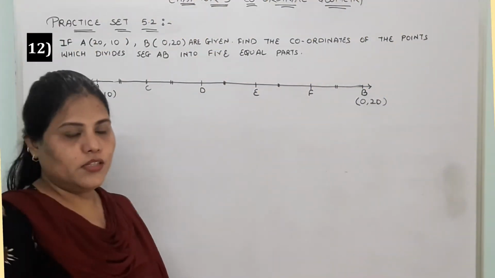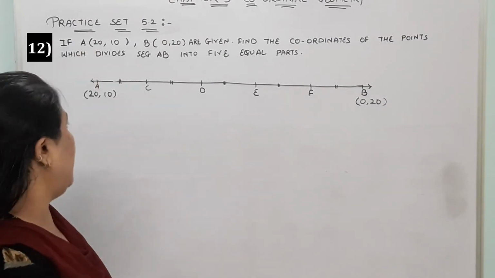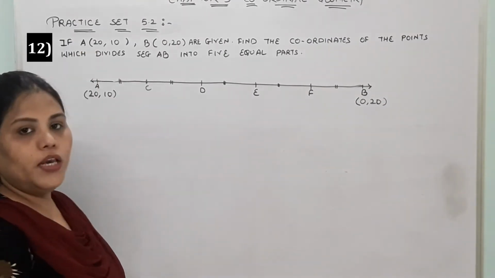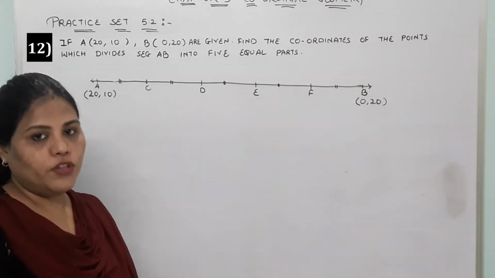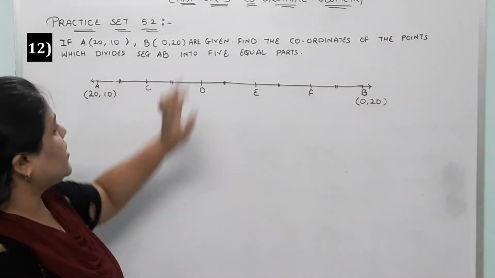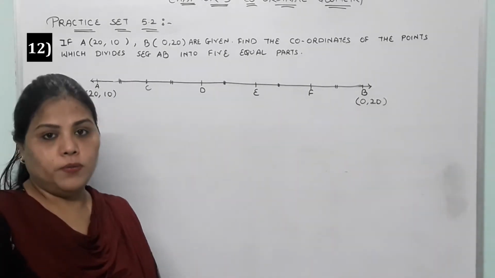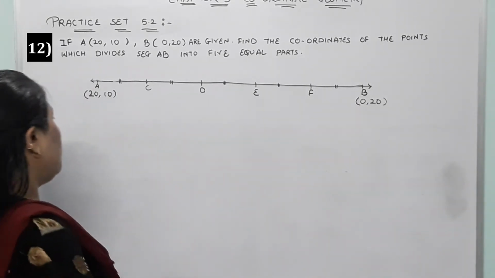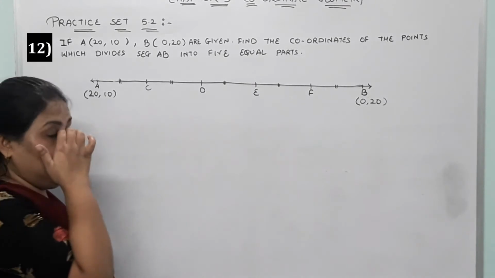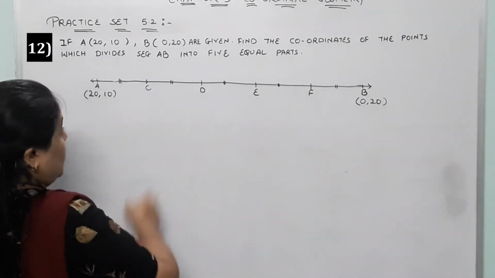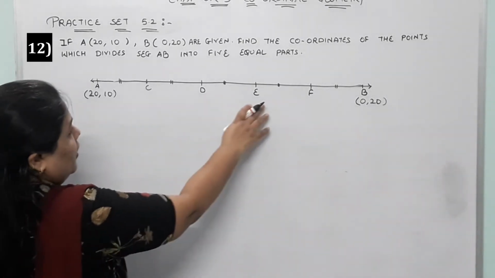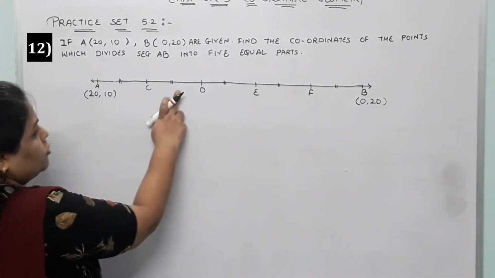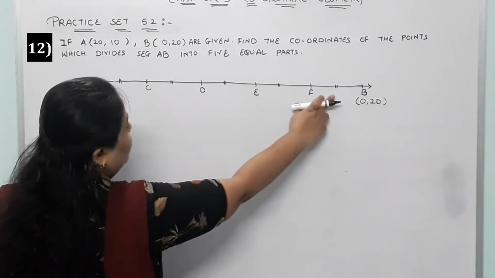Okay. 12th sum. If A (0, 10), B (0, 20) are given, find the coordinates of the points which divide seg AB in 5 equal parts. Right? So, here I have divided AB in 5 equal parts by making use of 4 points, that is C, D, E and F. You can count 1, 2, 3, 4 and 5.